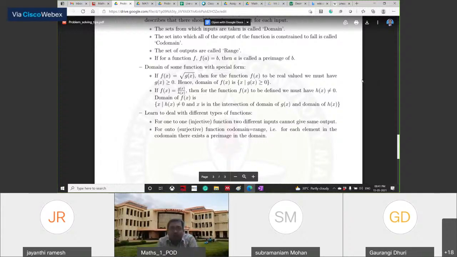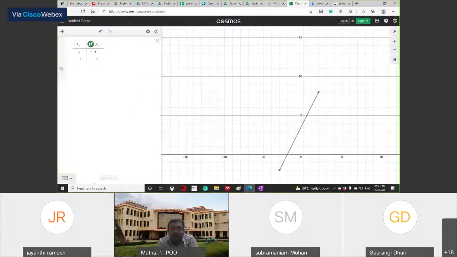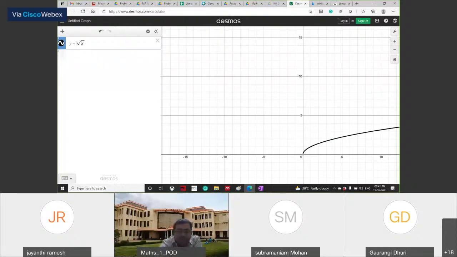So suppose we put a function f of x equals root 2x.